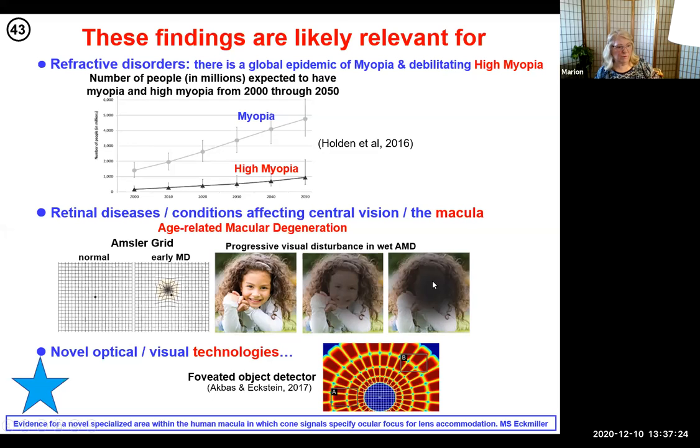So I expect that the focal annulus gets defective, perhaps because the macular pigment is not doing what it should, and the focusing isn't doing what it should, and everything gets disturbed and the cones die. And it may also be important for novel optical or visual technologies.